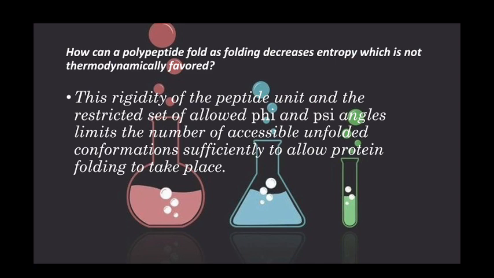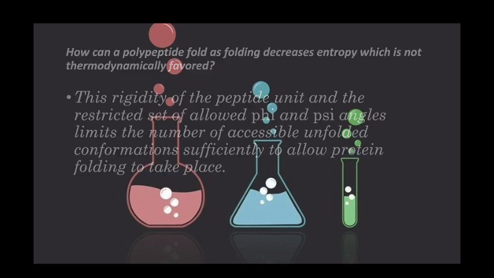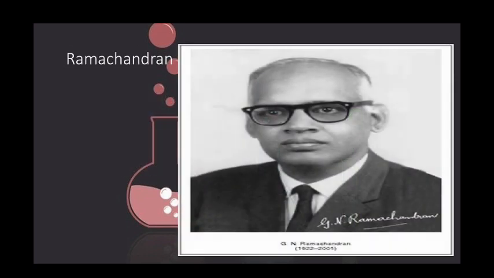So this rigidity of the peptide unit and the restricted set of allowed phi and psi angles limits the number of accessible unfolded conformations sufficiently to allow protein folding to take place. Ramachandran recognized the allowed values for phi and psi angles in different secondary structures that exist in nature, for example, alpha helix or beta sheet.